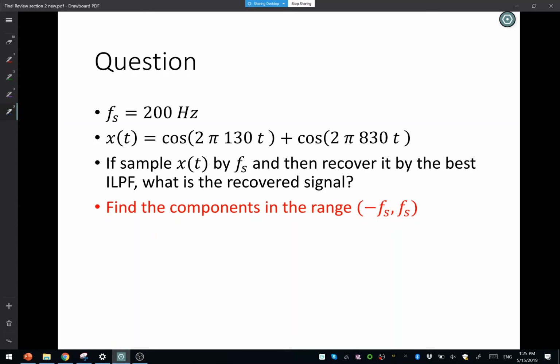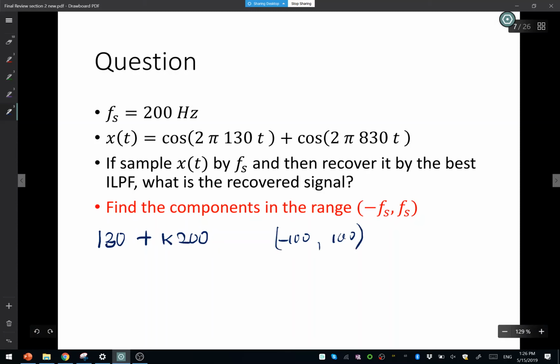So for example, we want to find 130 Hz plus k times 200, and we want to find a k that makes this number between minus 100 Hz and 100 Hz. Then we try out all the k's.